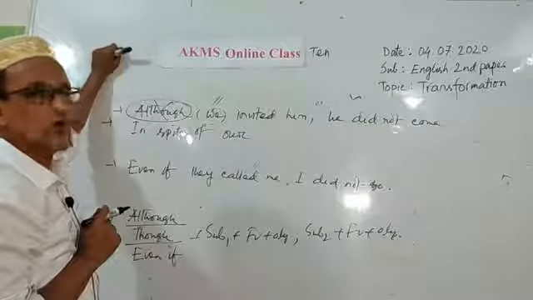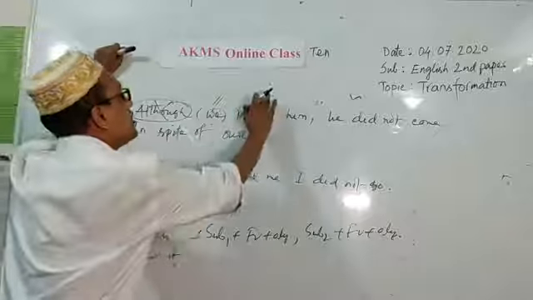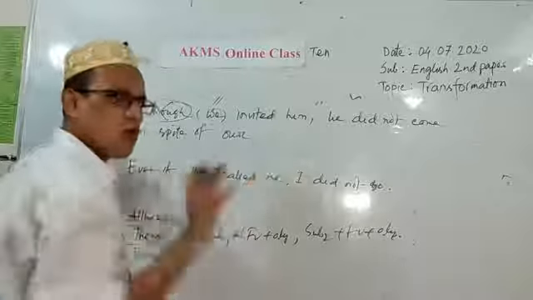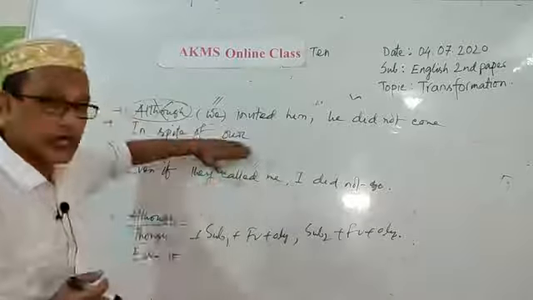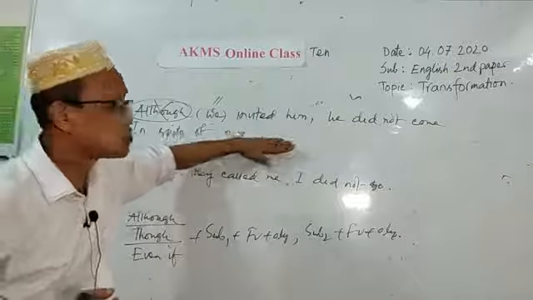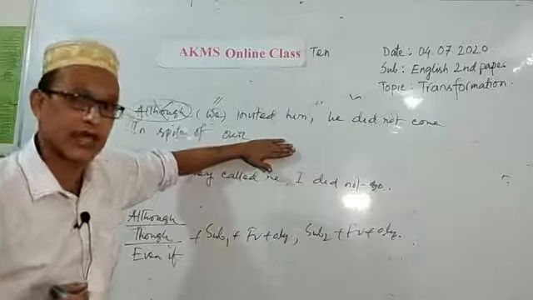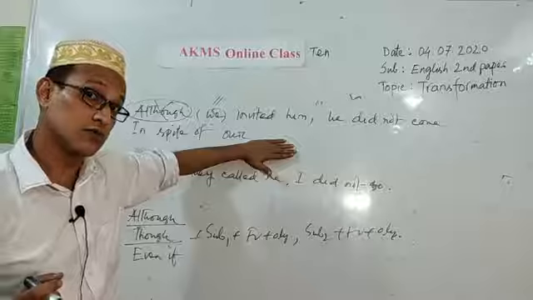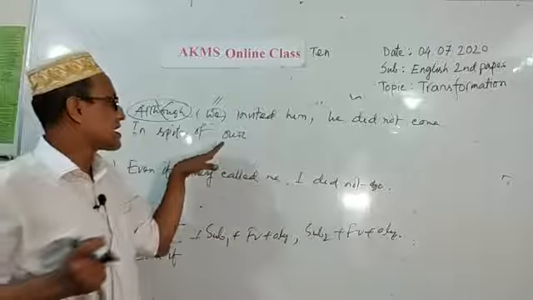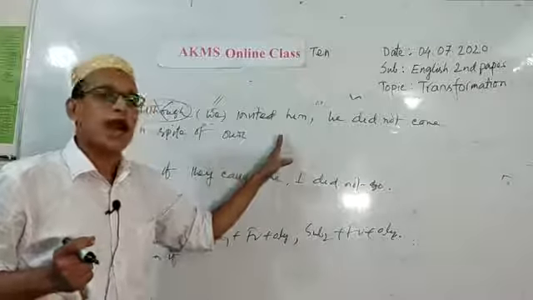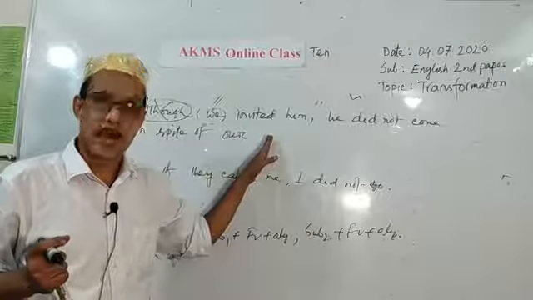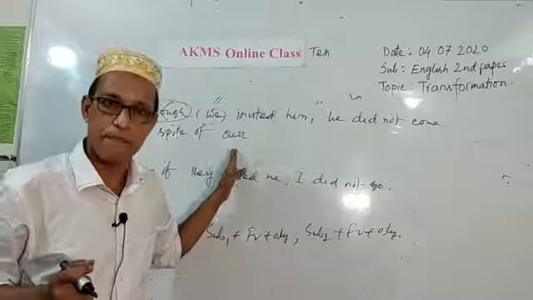In spite of our, I will use the ing form. Why? After the possessive form, I cannot use anything except noun. I can use a noun after the possessive adjective, possessive form.